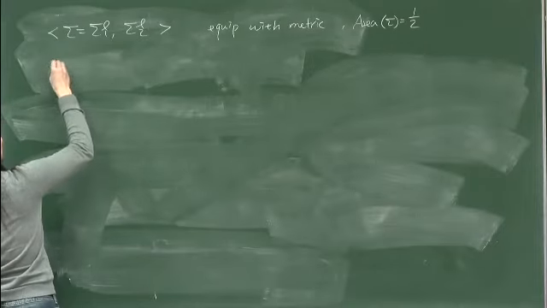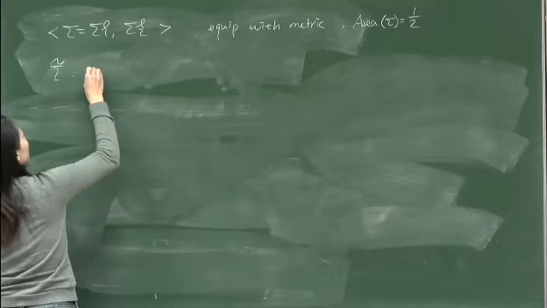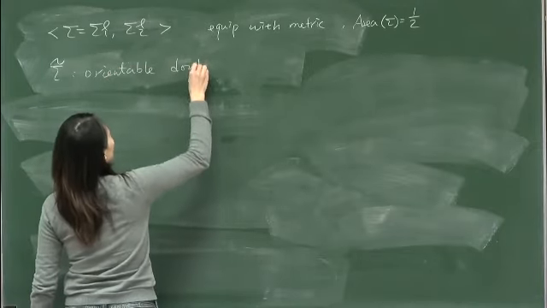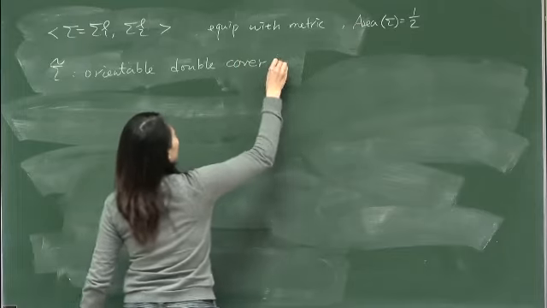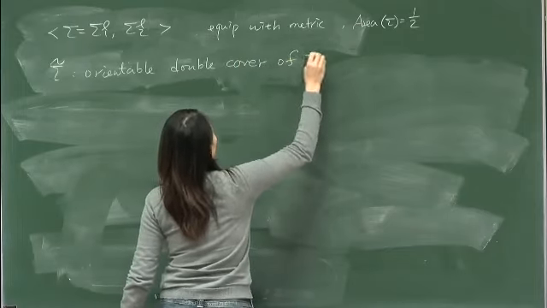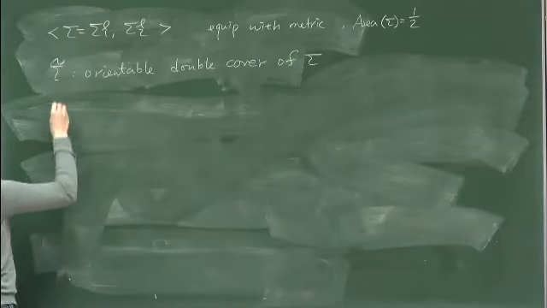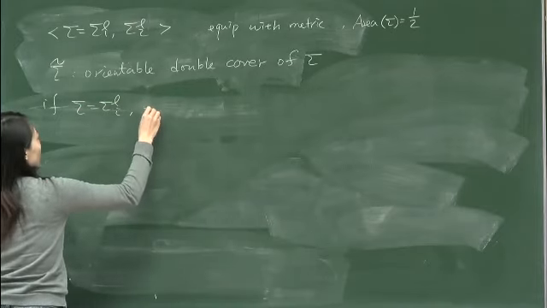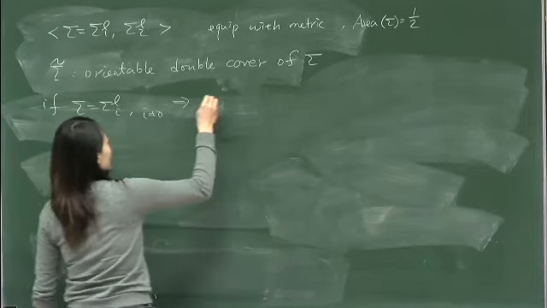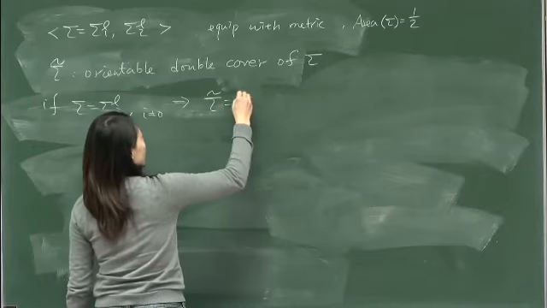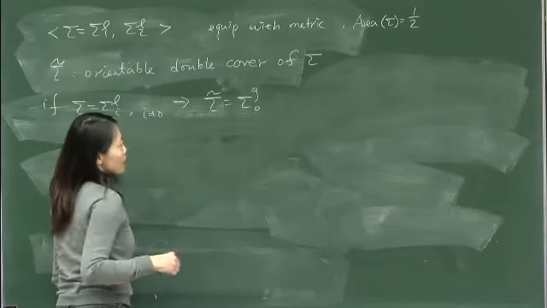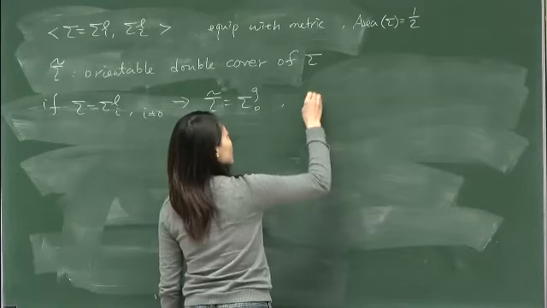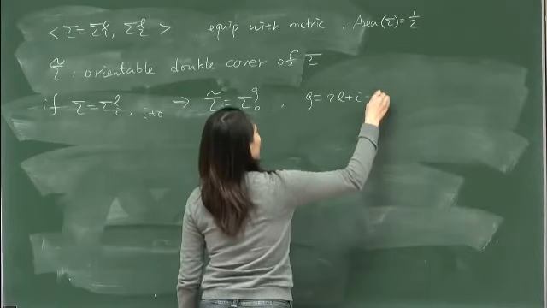So we look at the orientable double cover of sigma. Now, if the non-orientable genus is non-zero, then the double cover is a Riemann surface, or just an orientable surface, where the genus is 2L plus I minus 1.